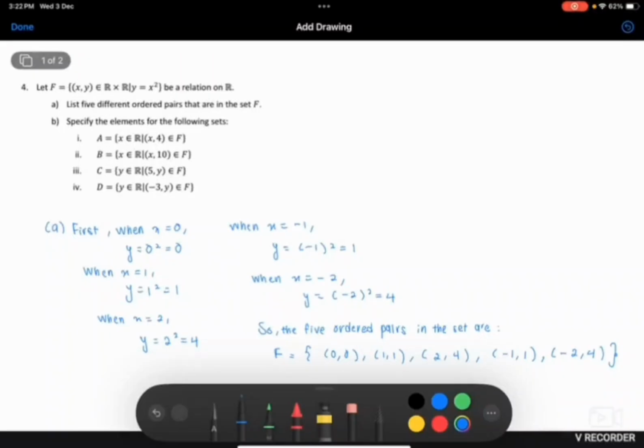So based on the information, we have come up with the 5 ordered pairs.